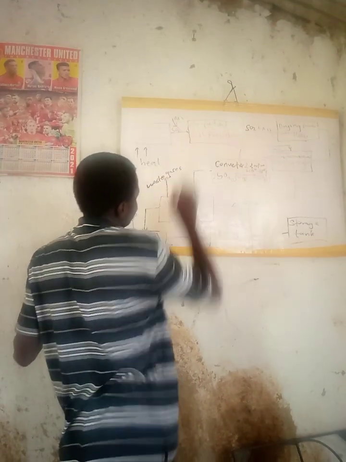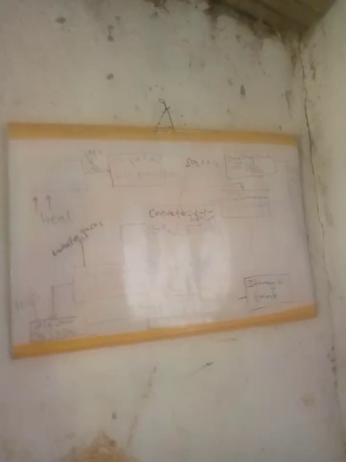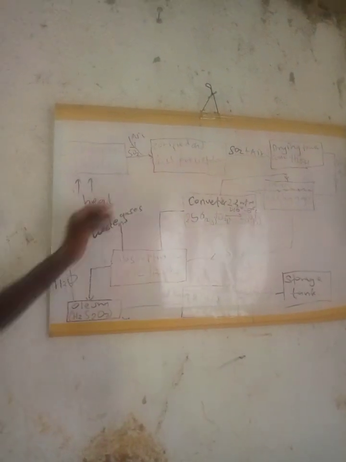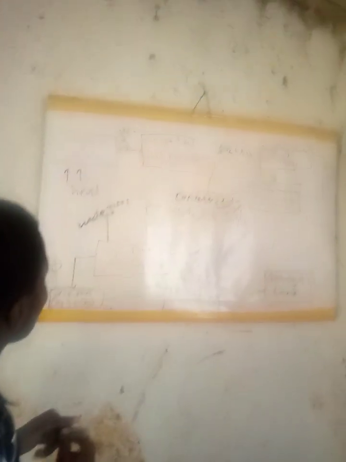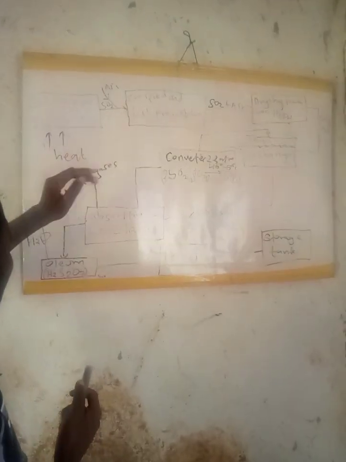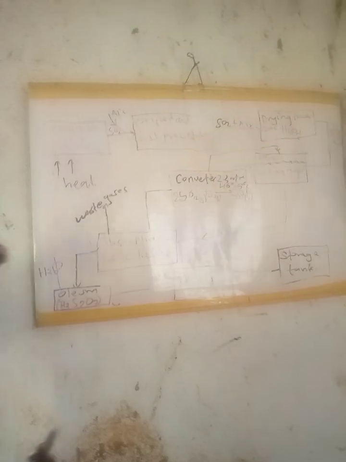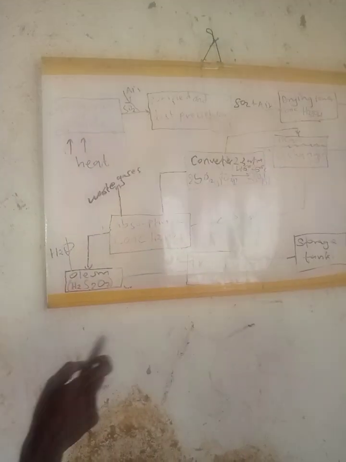This is what happens at stage 1 during the production of sulphuric acid. At stage 2, we have purification of sulfur oxide. At this stage, we have purifiers which are used to remove the dust particles that have passed from stage 1 going through stage 2.